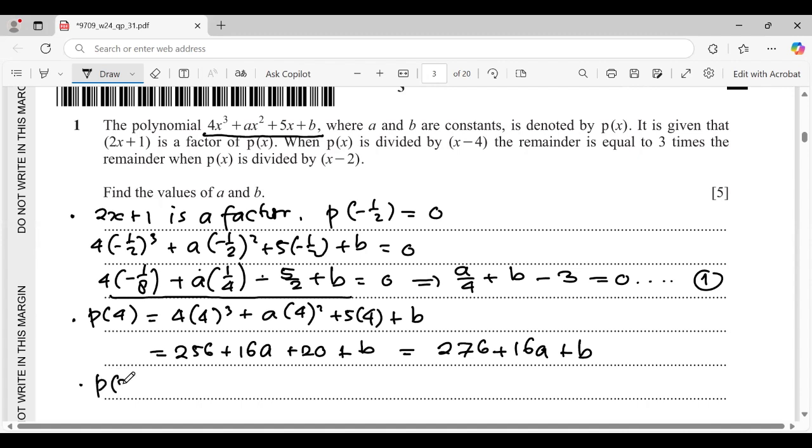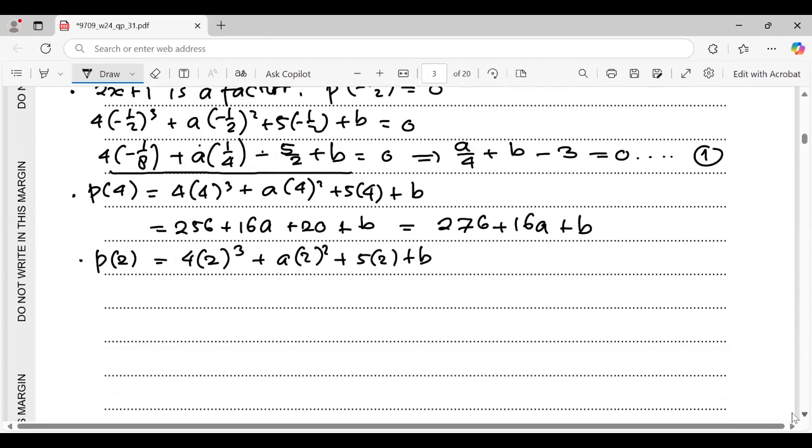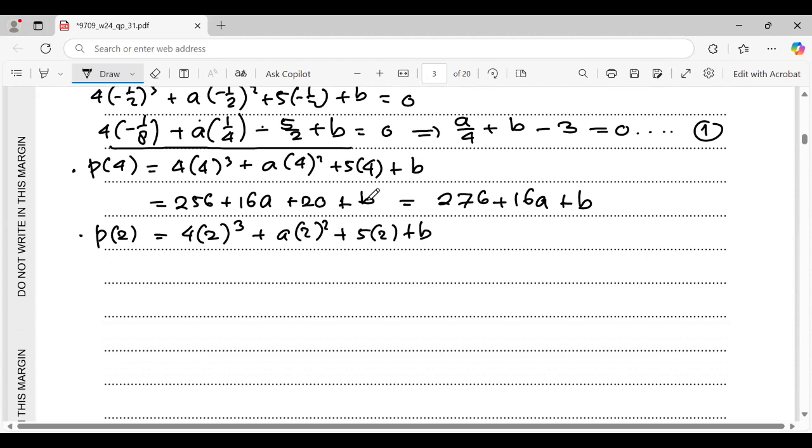And if P(2), so it becomes 4 times 2 cubed plus a times 2 squared plus 5 times 2 plus b. So it becomes 32, because 4 times 8, 4a, 10 plus b.